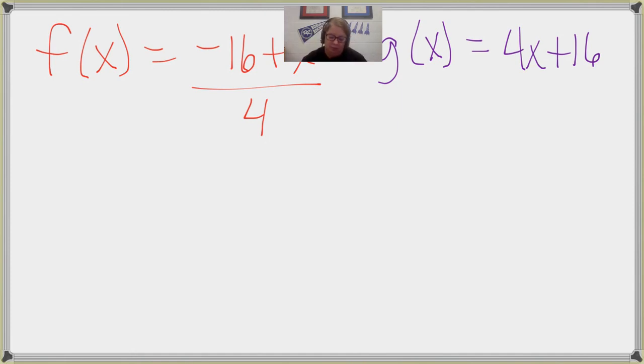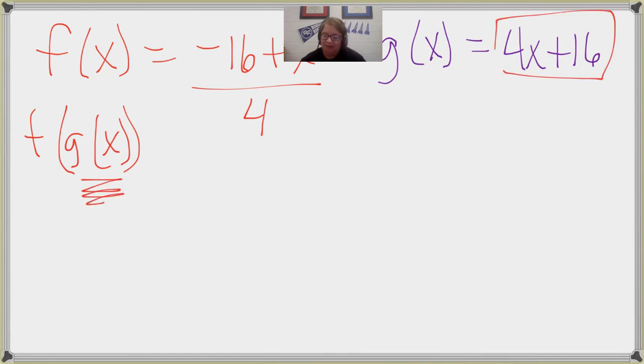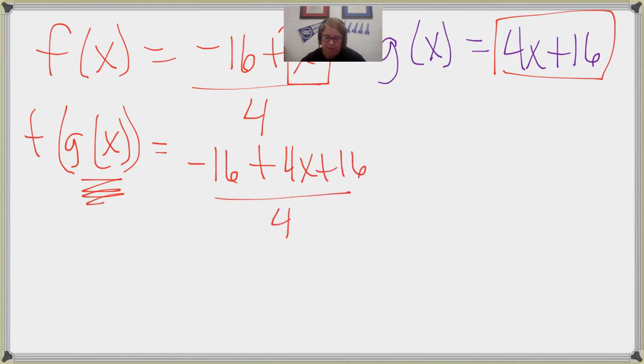We're going to find f of g of x. Start inside the parentheses, g of x, 4x plus 16, plug it in right here. So I have negative 16 plus 4x plus 16 over 4.